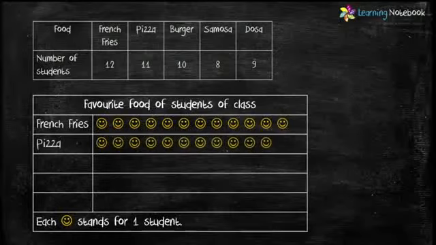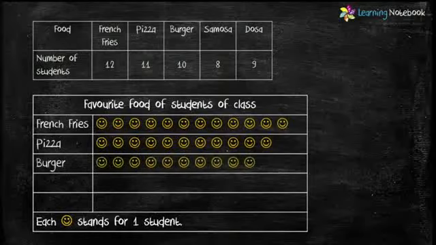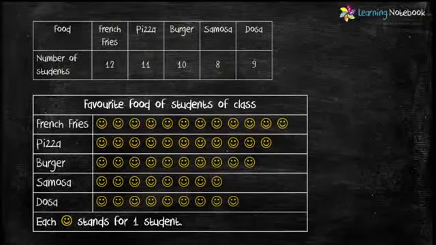Number of students who like pizza is 11. Therefore, draw 11 smileys representing 11 students. Similarly, represent number of students who like burger, samosa and dosa. So students, our pictograph is ready.